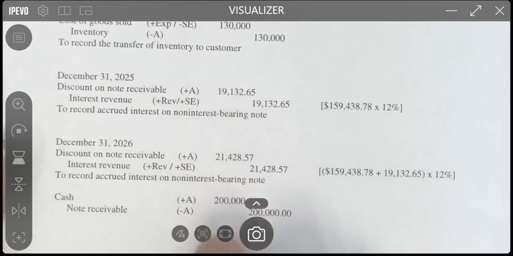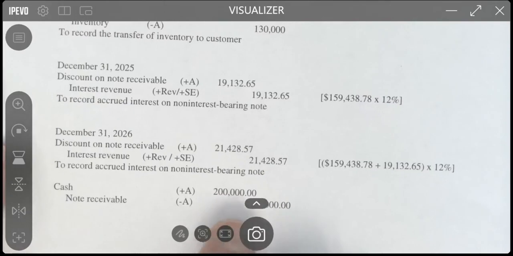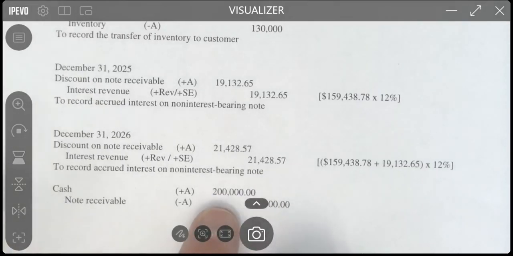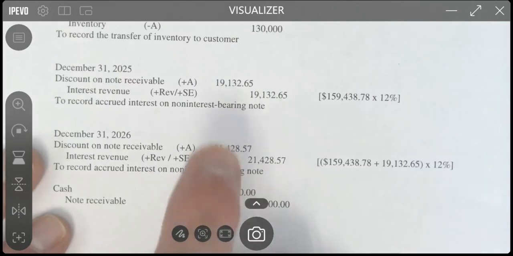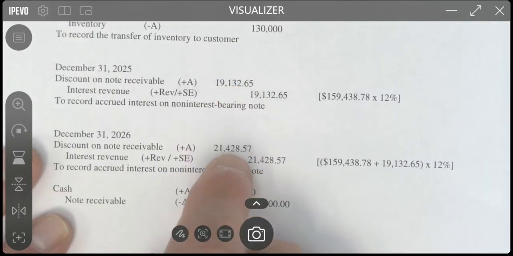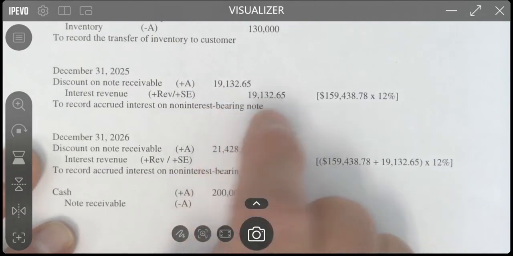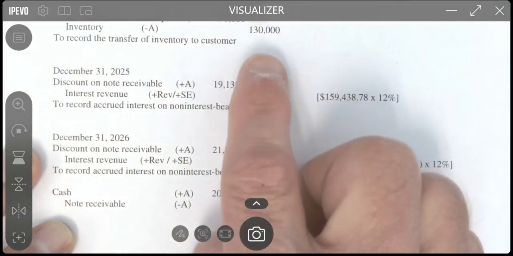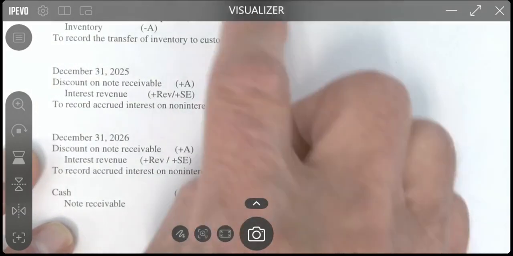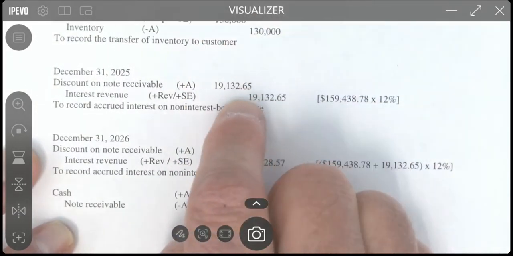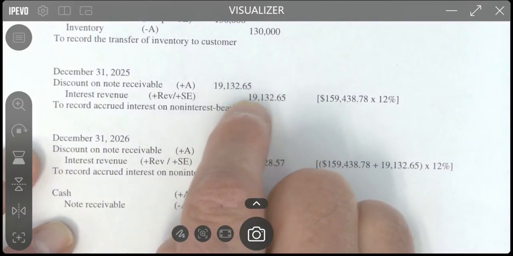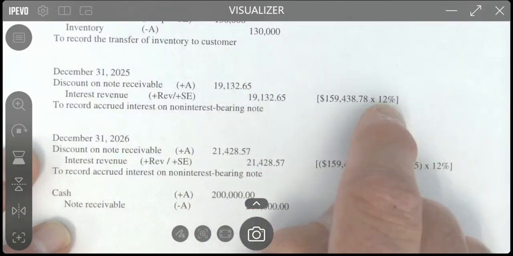life of the loan, and then at the end we record the extinguishment of the note via the payment from our borrower. And so what's going on here is that because of the time value of money, the note on this non-interest bearing note is growing in amount. We add in the accrued interest, and it becomes a bigger note upon which 12% is earned.